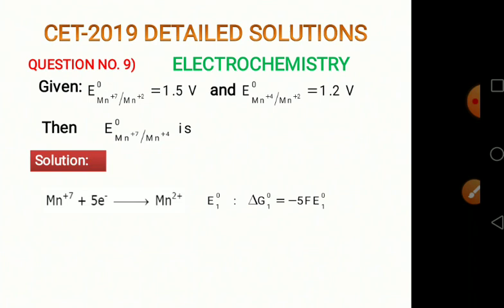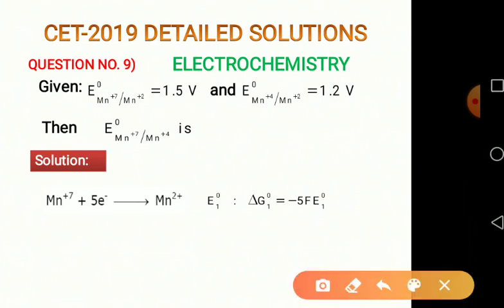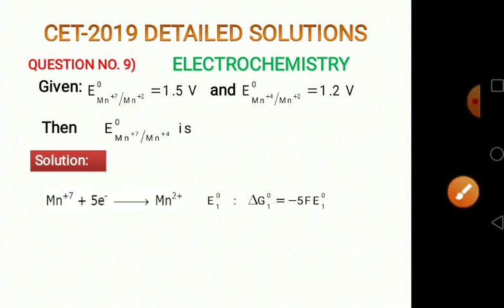For this, delta G is equal to minus nF E naught cell, a formula we have learned. So we will apply that. Delta G1 naught is equal to minus the electron change, which in this particular case is 5 electron. Hence I have written minus 5 into F into E naught. Then in the next reaction, Mn4 plus plus 2 electron gives rise to Mn2 plus.